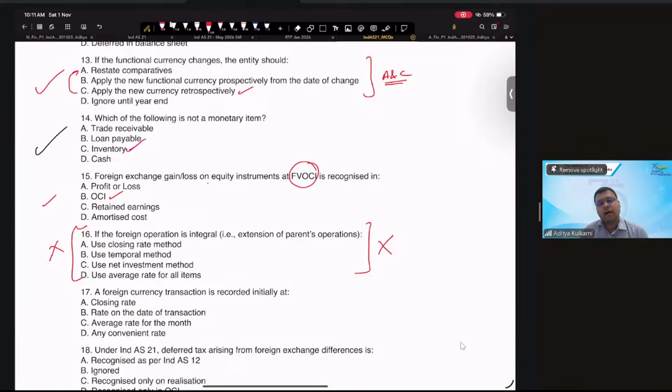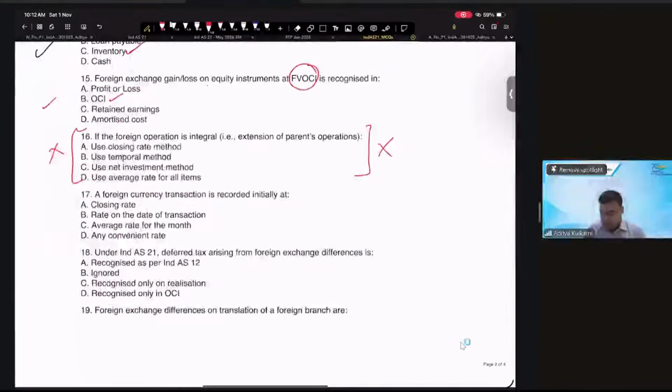Suppose you have invested in shares of Microsoft, then your fair value gain or loss will be in foreign currency, right? So that is what it is talking about, from equity instruments of foreign companies.